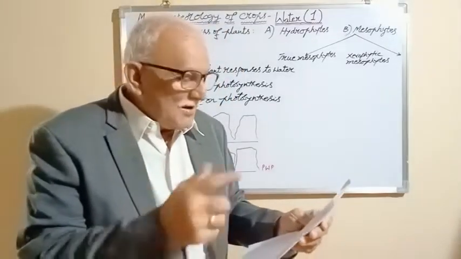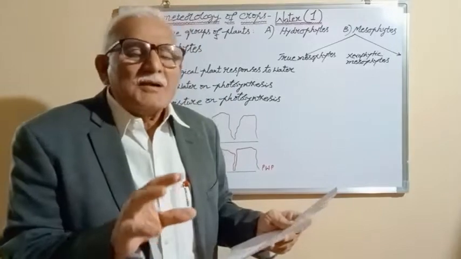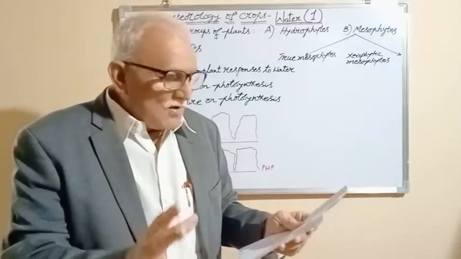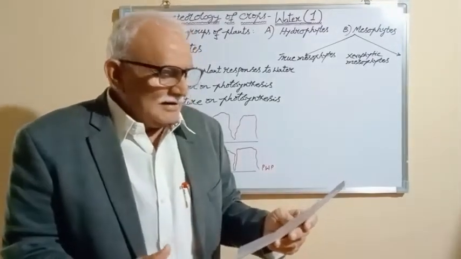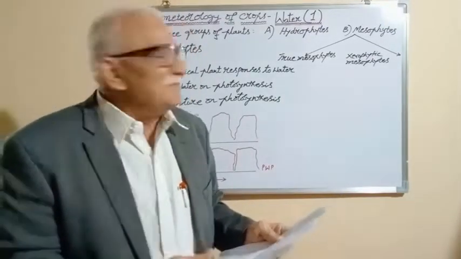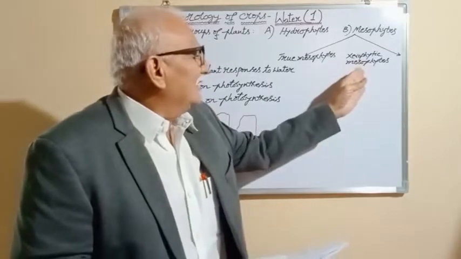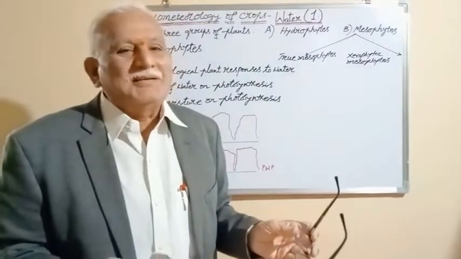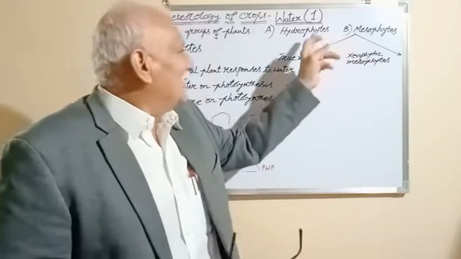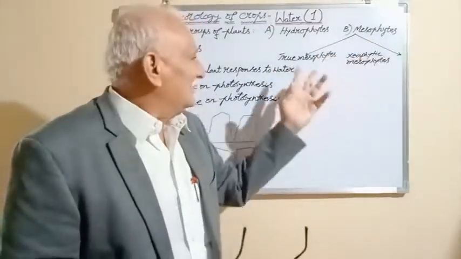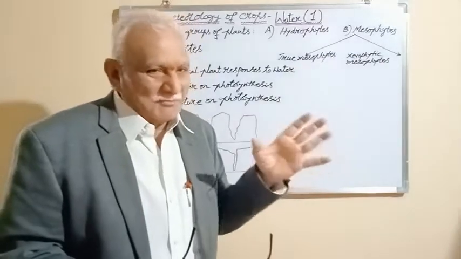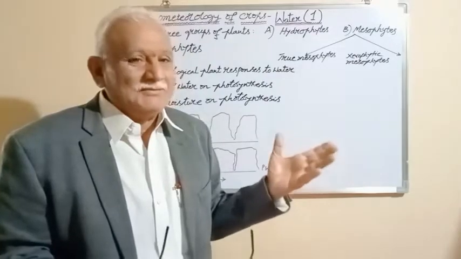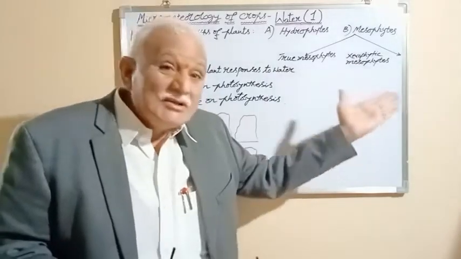What are the xerophytic mesophytes? Those that lose between 25 to 50% of the water. Most of our agricultural crops grown in tropical and temperate areas are mesophytes. True mesophytes: up to 25% of water depletion. 25 to 50% are the xerophytic.